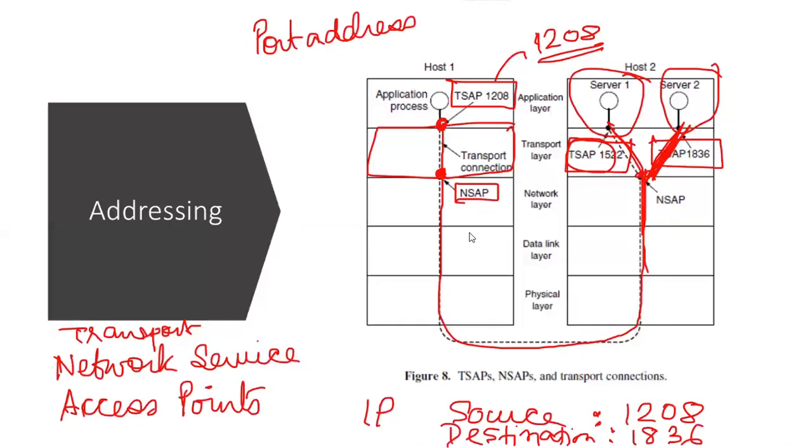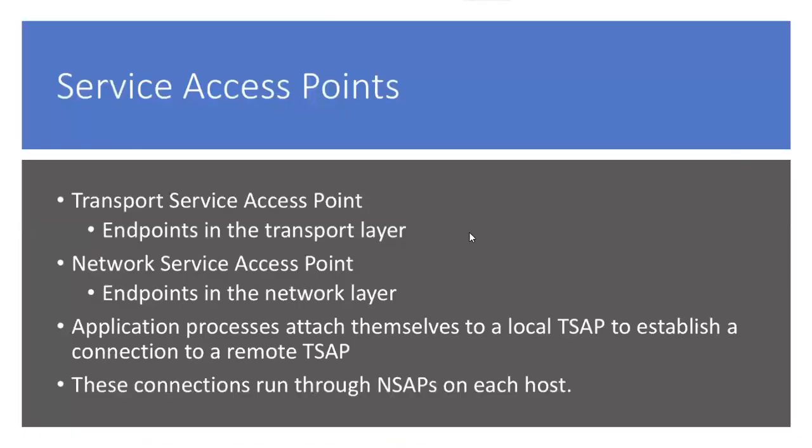Like we saw here, this application process attaches itself to TSAP 1208, and in the packets, it puts the destination as the TSAP of the destination, server 2.